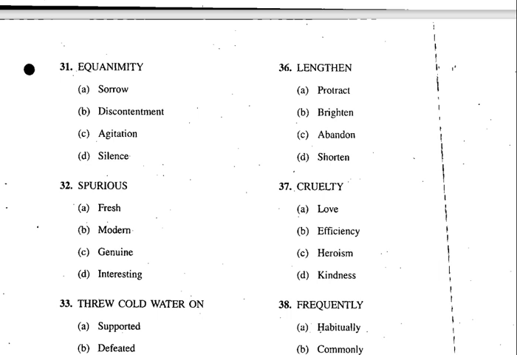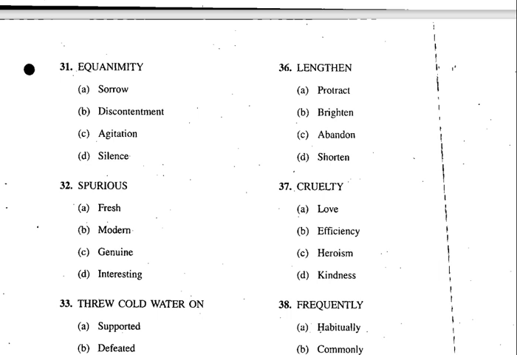Discontentment, you are contented, you are discontented. You are satisfied and discontented. Agitation, disturbance. Perturbed, you are agitated, you are disturbed. So equanimity, calm, and agitation, not silence. So agitation would be the opposite word of equanimity.